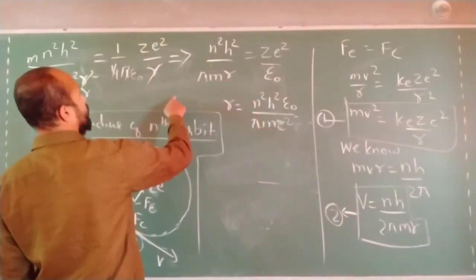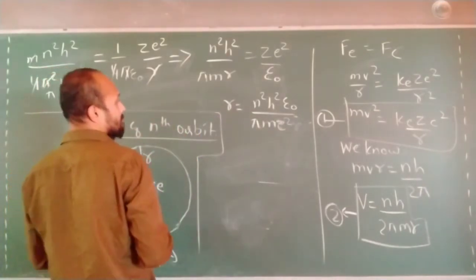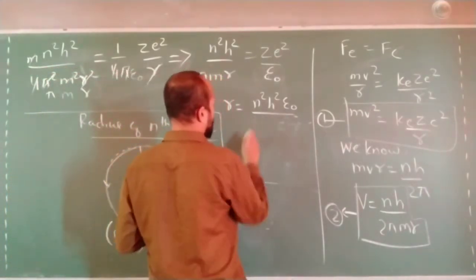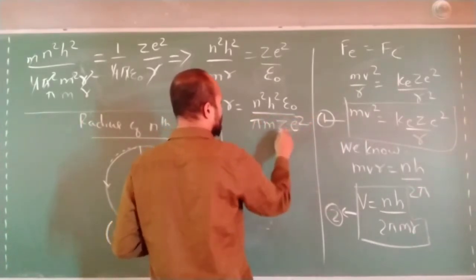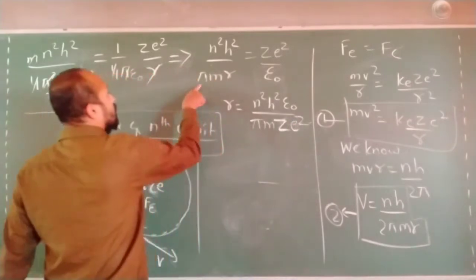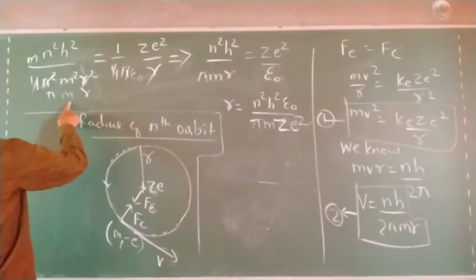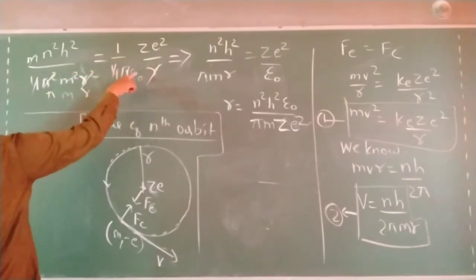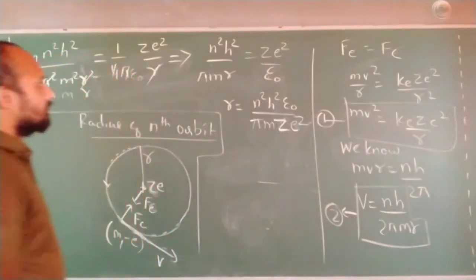Wait. That's it. Pi m z square. Here I have to see now: this r will go this side, pi m z square. Okay. This will be the formula.